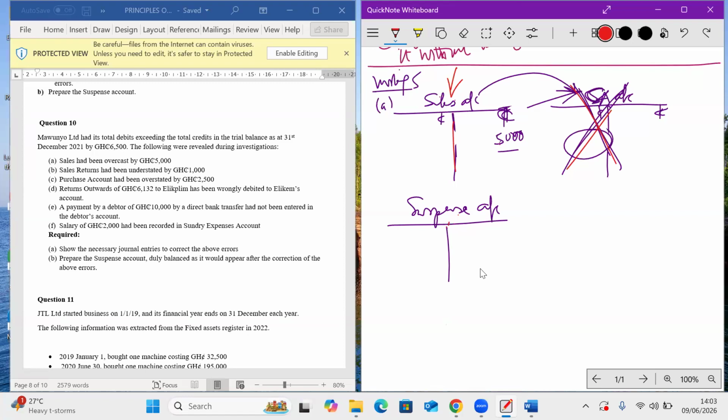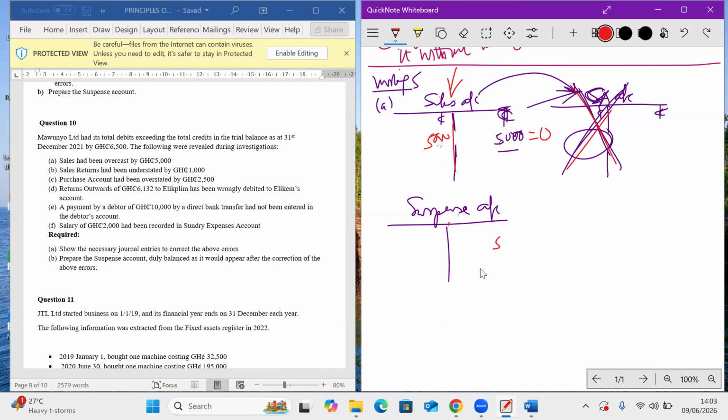There's 5,000, right? If I want to cancel it, where will I place the figure? Debit side. So 5,000 minus 5,000 will give us 0. I've canceled the 5,000. Now there's no 5,000. So which side of the account is it? Is it on the debit side? Yes. Okay, so when I come to the suspense account, where will I record the 5,000?